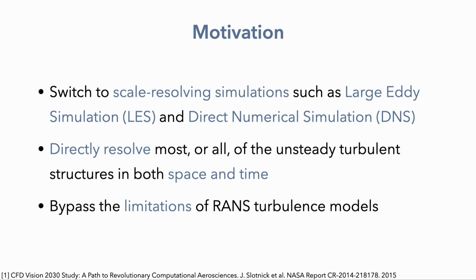In LES and DNS, instead of RANS where we're solving for the time average, we're solving for an unsteady simulation where we directly resolve most or all of the unsteady turbulent structures in both space and time. So instead of modeling, we're trying to resolve the structures directly, thereby bypassing the limitations of RANS turbulence models. So we're trying to get improved accuracy by resolving the unsteady nature of turbulent flows.